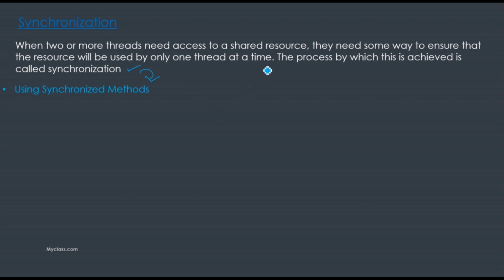Let's assume that there is a railway reservation system, an online railway reservation system in a Java program. In this, lots of people can log in from anywhere to book or reserve a ticket for a particular train. This process will execute by using the thread concept.